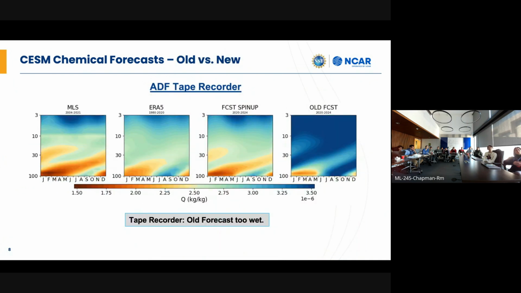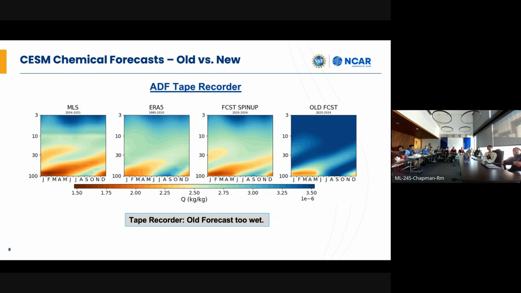We also see an improvement in the tape recorder. This is also climatological 2020 through 2024. On the far right-hand side, that's our current older forecast setup. And the third panel from the left is our CSM3 version.